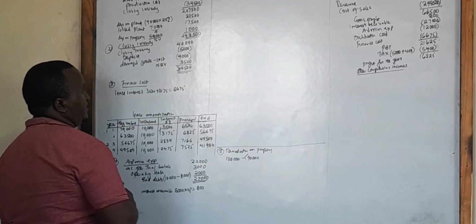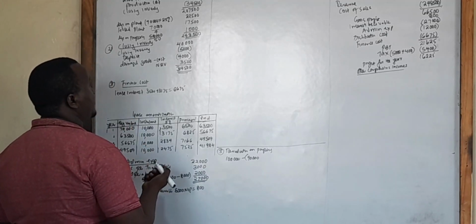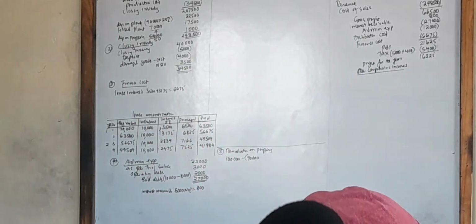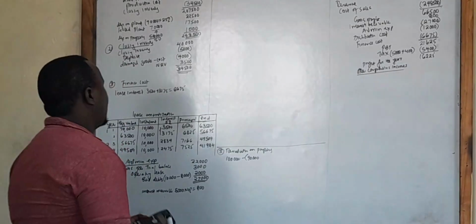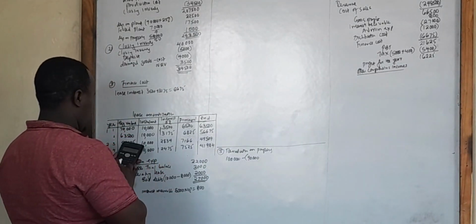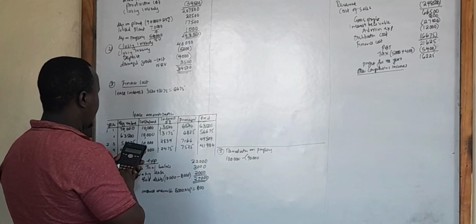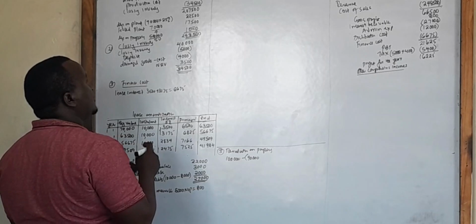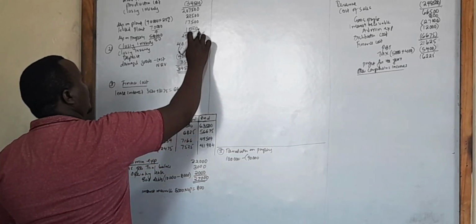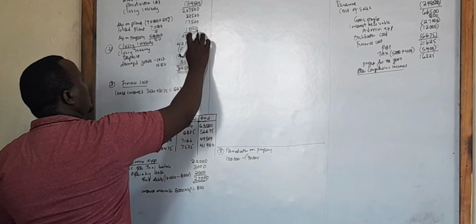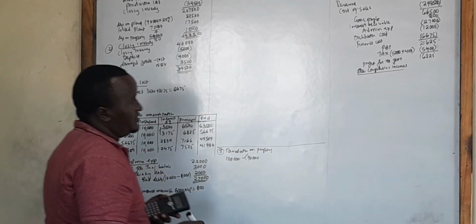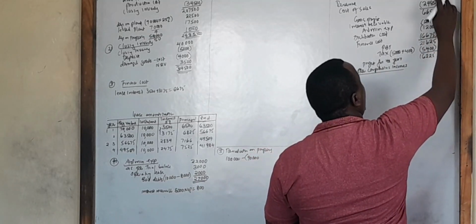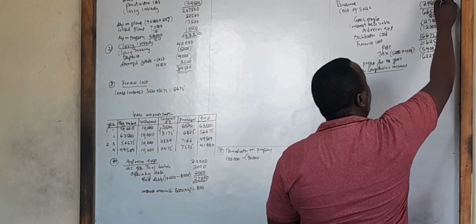Change that, 54 divided by 50. So it gives you 1080. And this one will increase by 80. So the final value will increase by 80.